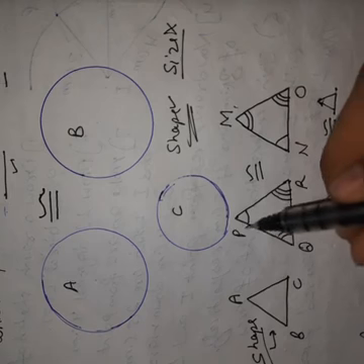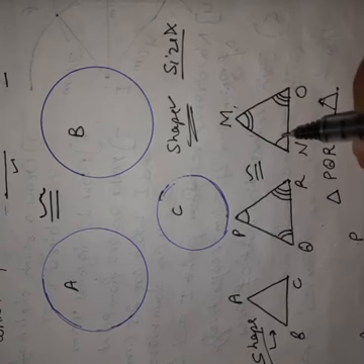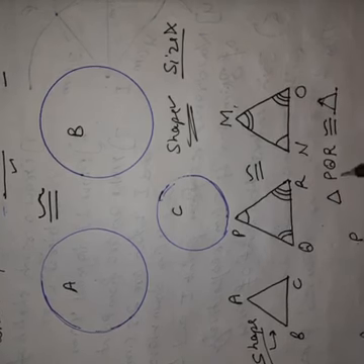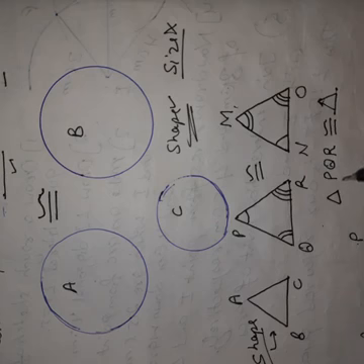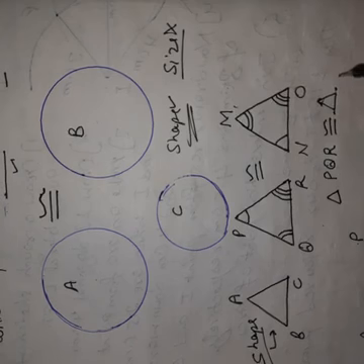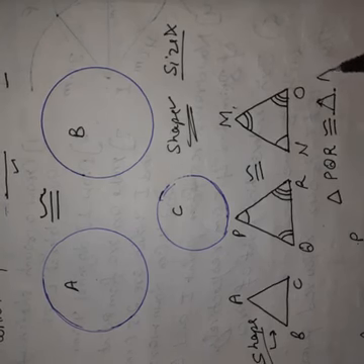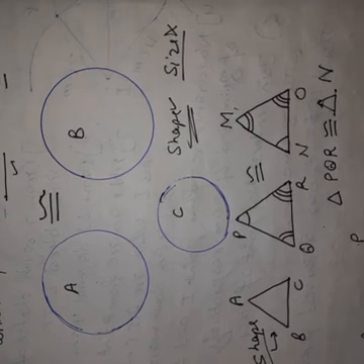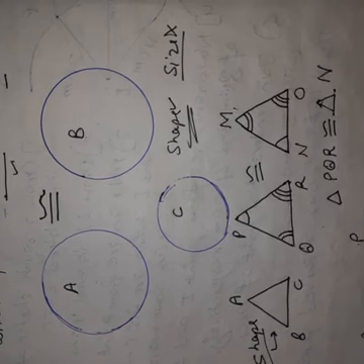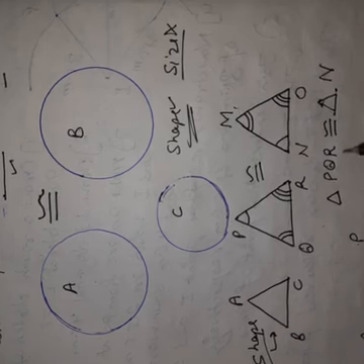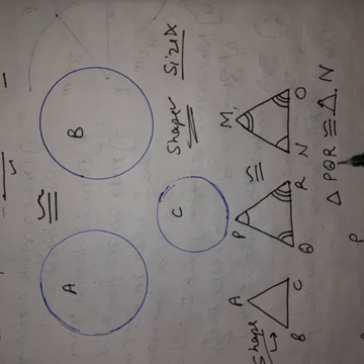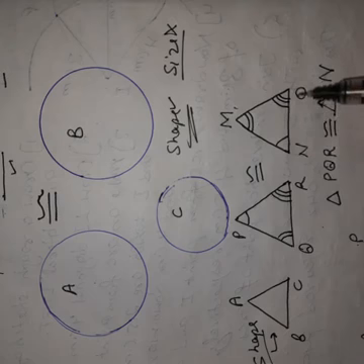Similarly, triangle PQR is congruent to triangle. So if angle P is equal to angle N, then here also we will follow the same procedure. If we have written vertex P here at first letter, then we will write N here, because angle P is equal to angle N. Similarly, after P we have written Q here. So now we will see which angle is equal to angle Q in MNO triangle.